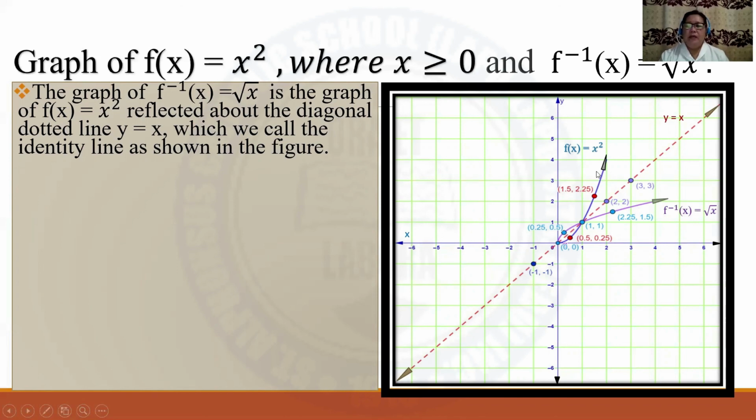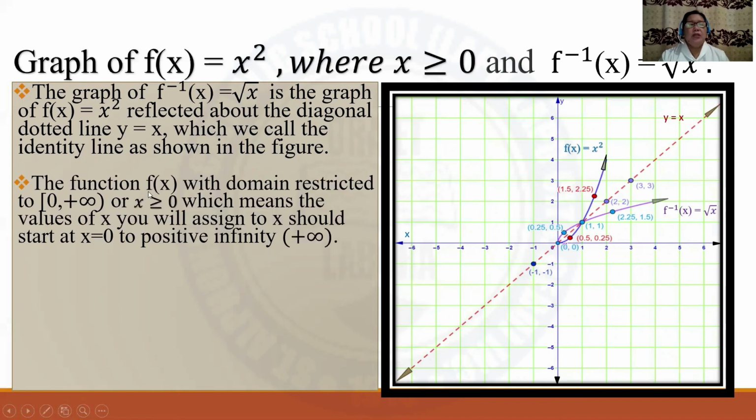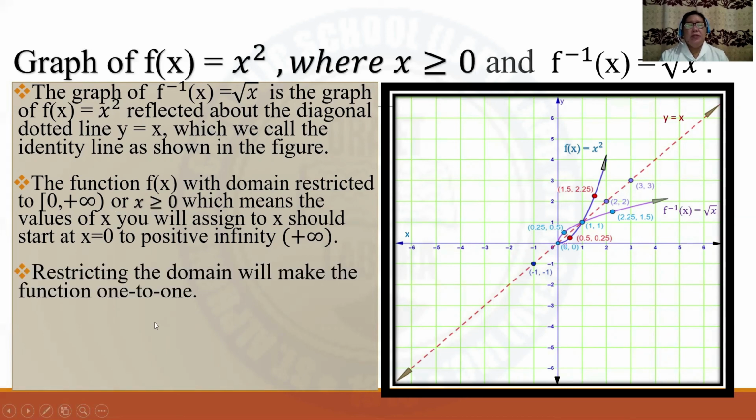And there. The reflection is this one. The function f of x with the domain restricted to this interval notation 0 to positive infinity, or x is greater than or equal to 0. And restricting the domain will make the function 1 to 1.